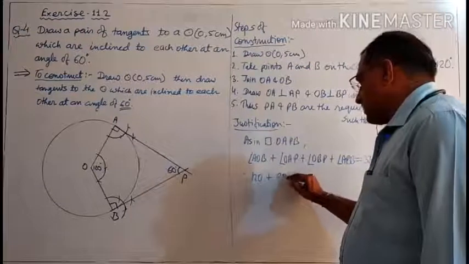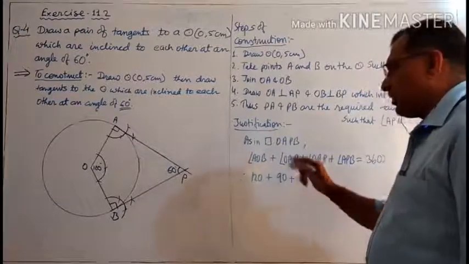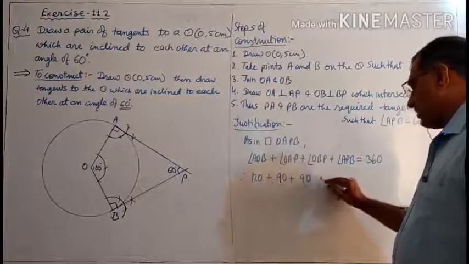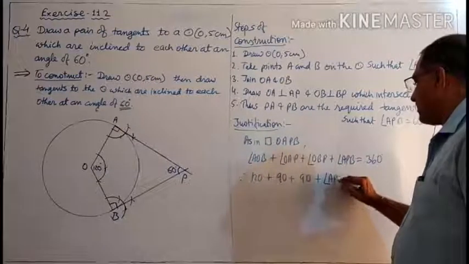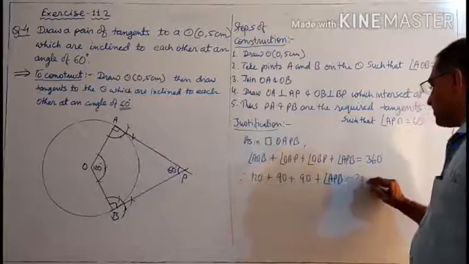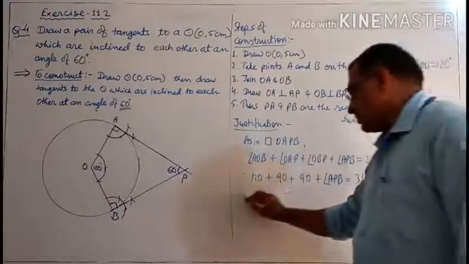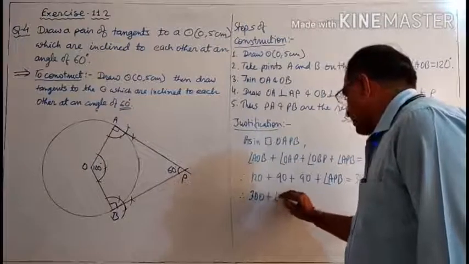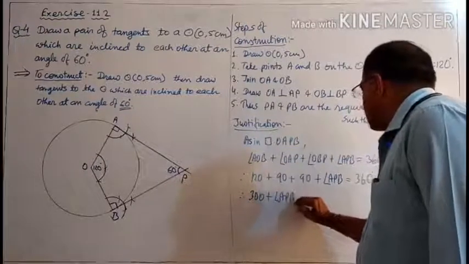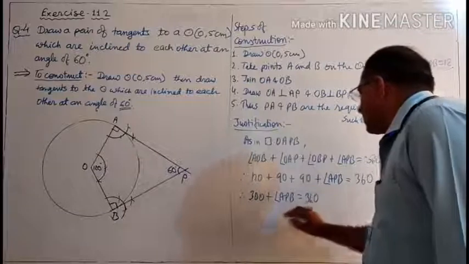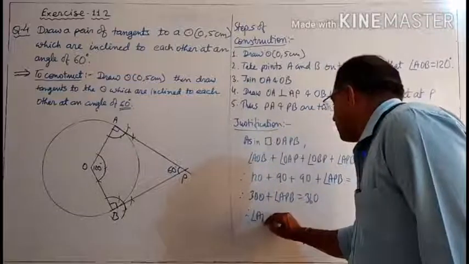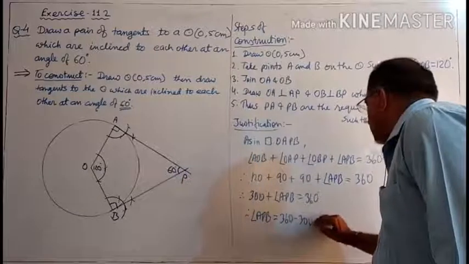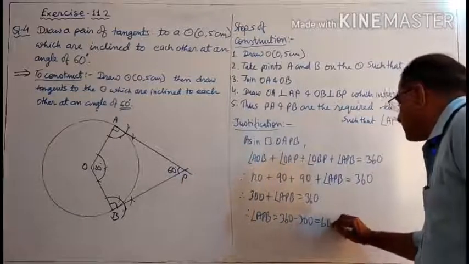This we have constructed 90 degree so that it is perpendicular to the radius. And this is our requirement: APB must be 60 degree. So whether it is 60 or not. Here the total sum is 180 plus this is 300, plus angle APB is equal to 360, and therefore angle APB is equal to 360 minus 300, and that is equal to 60 degree.